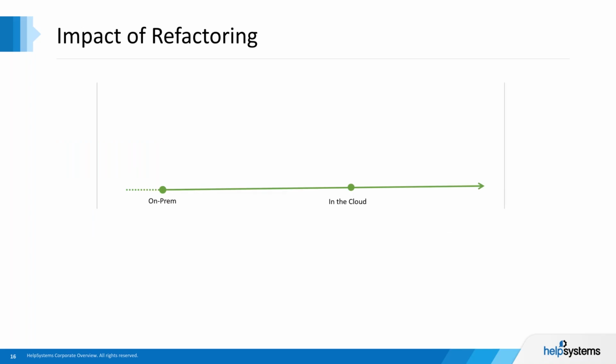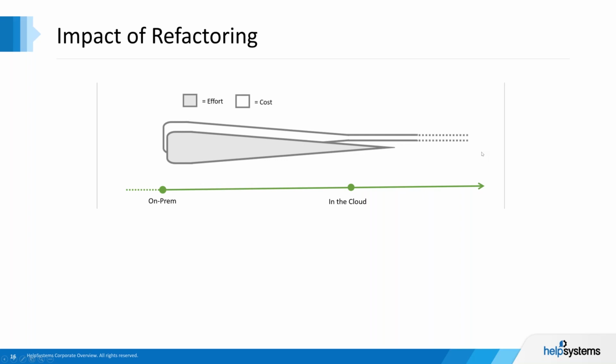This means that it's a sort of upfront effort that you need to put in. So you need to do a lot of work before you can actually start to migrate. You probably spend a lot of time refactoring, rebuilding the application, and most of the effort happens on-prem.